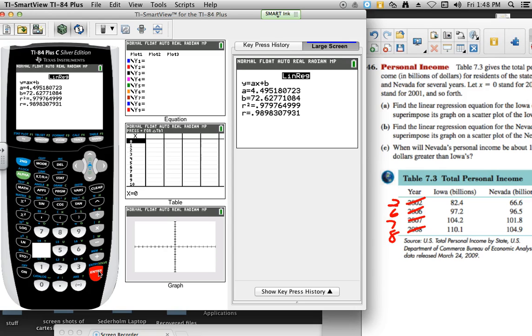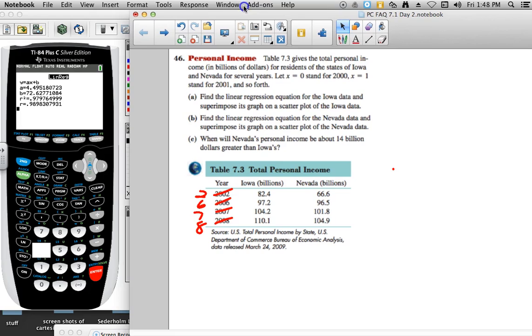So there's the first part of our answer. That is the linear regression model that we need for A. Oops, that's a little unreadable there. Try looking at what I write.